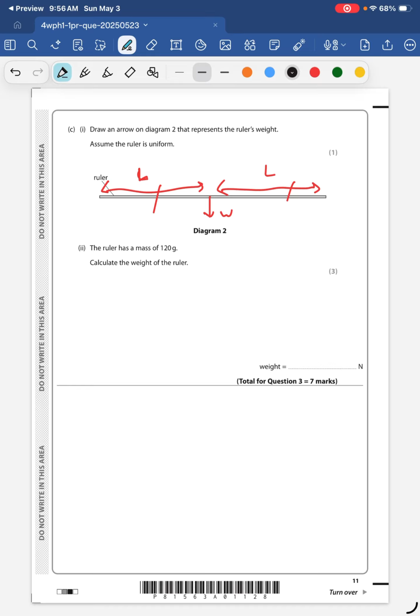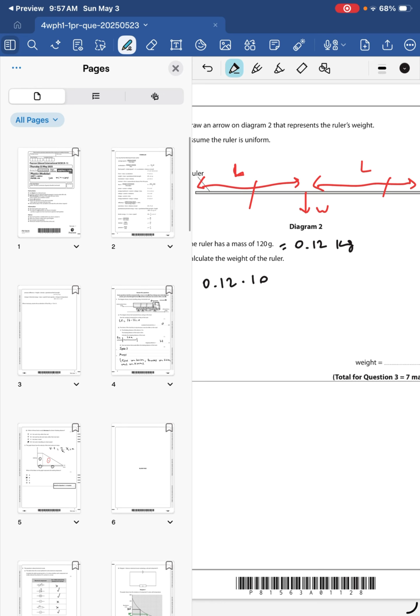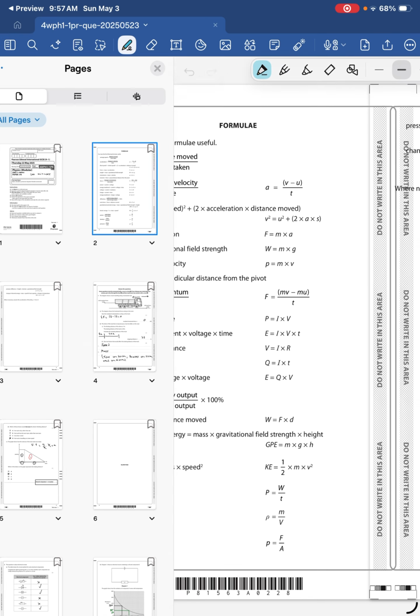Part 2, the ruler has a mass of 120 grams. Calculate the weight, and the units are newtons, as you see. So 120 grams is 0.12 kilograms. So 0.12 times 10. I'm using 10 and not 9.81 because this is what the specification says.